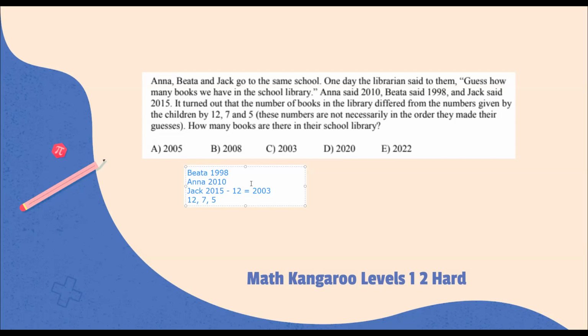If you subtract 7 from 2010, you'll get 2003 again, and if you add 5 to 1998, you can also get 2003.